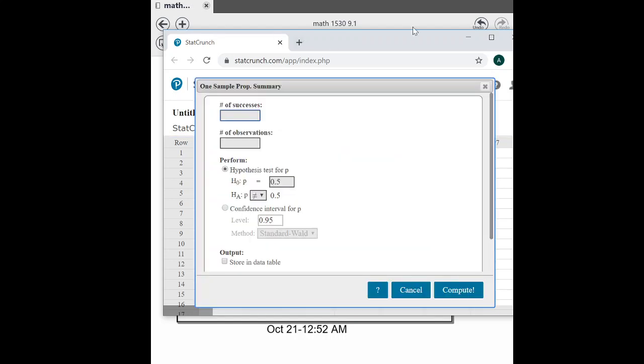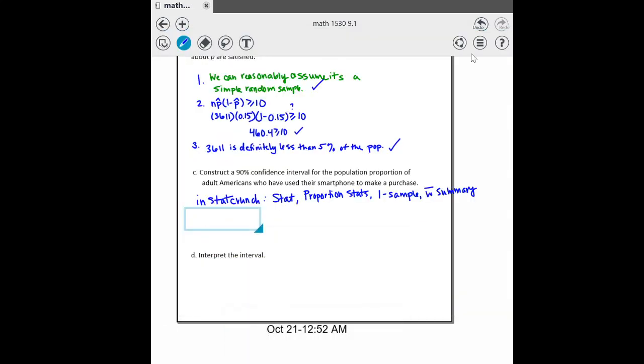Okay, so the first thing it asks us is our number of successes. So let me write that here. We're going to fill in number of successes. That's two C's. I can't spell that word. That is x. And then number of observations, that's going to be your n.